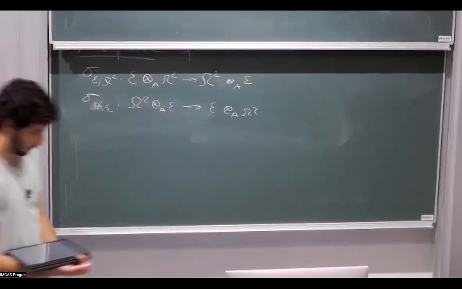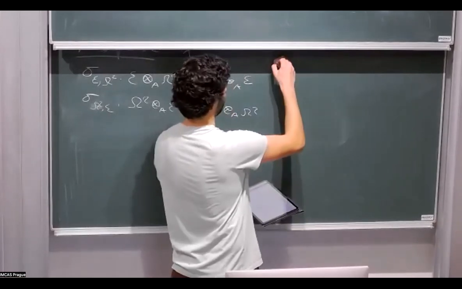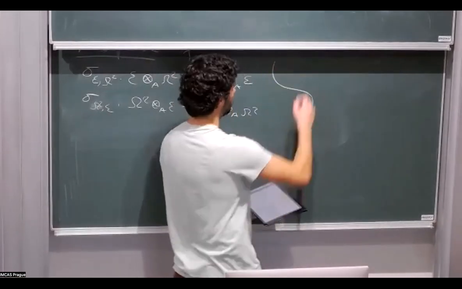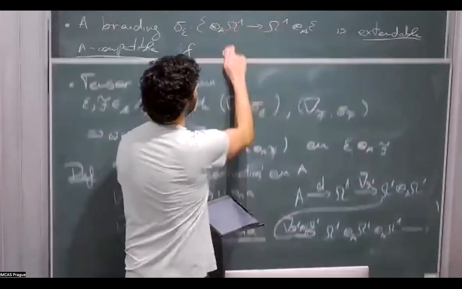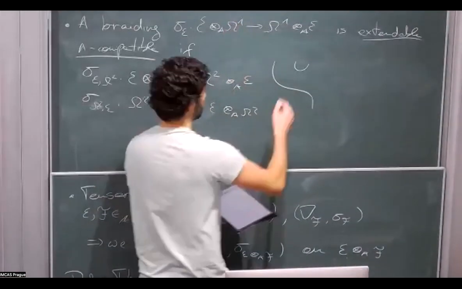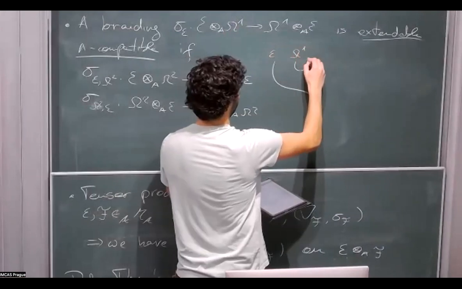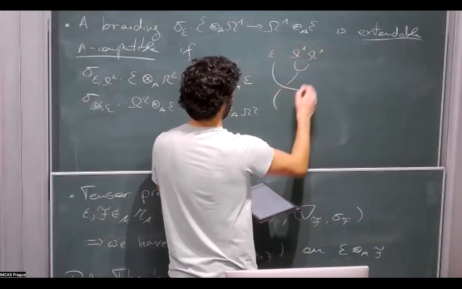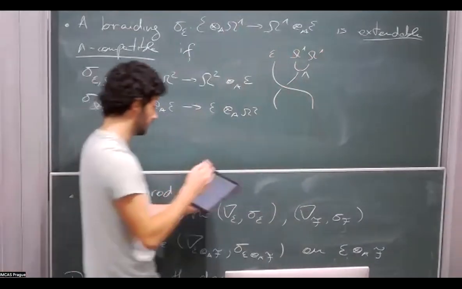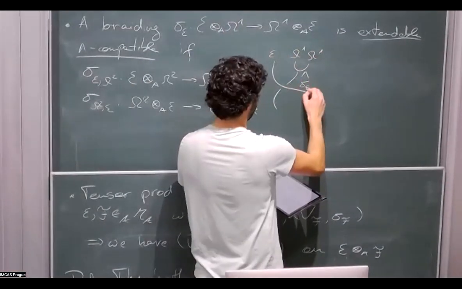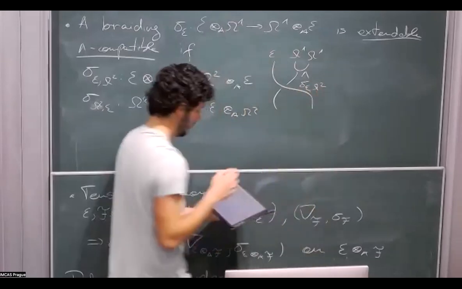And what we want in the end is that the braid diagram for this thing would look something like this. We start with E omega 1 omega 1, here we have the wedge, and then this would be the braiding that we just constructed, sigma E omega 2.